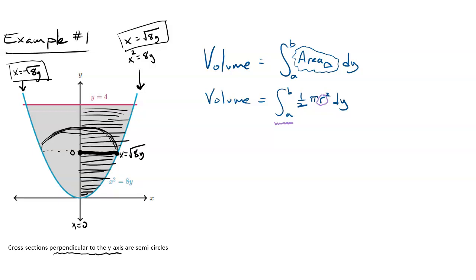So the radius, which I'll simplify, would be square root of 8y minus 0 squared. And then I can put the numbers on now because I know that I am integrating from y equals 0 to y equals 4. I'm doing it horizontally.